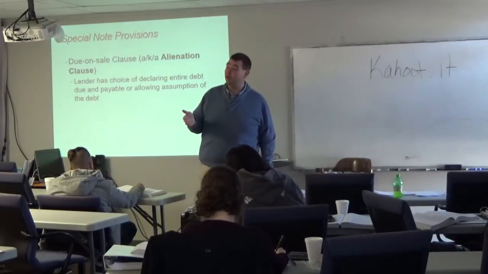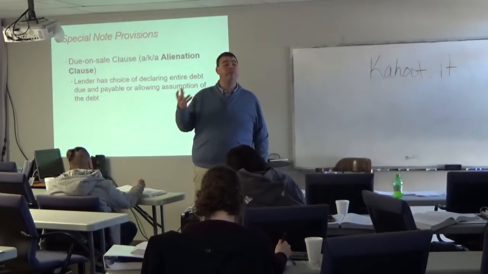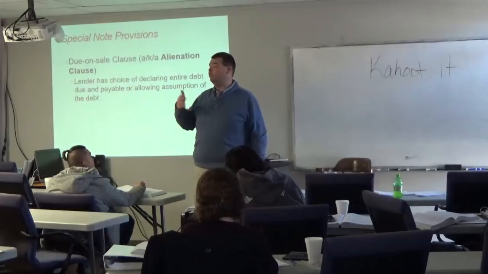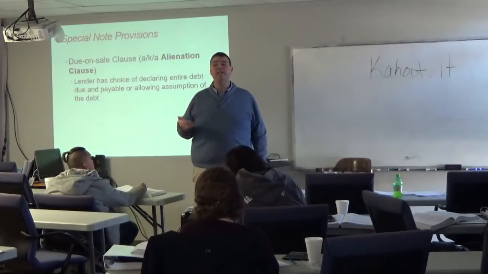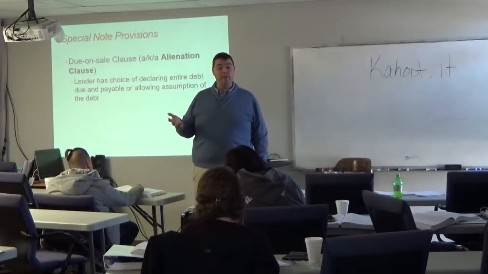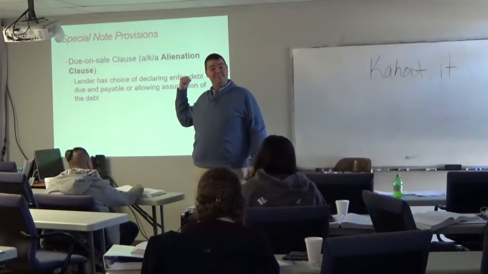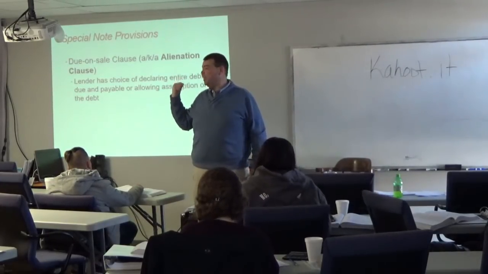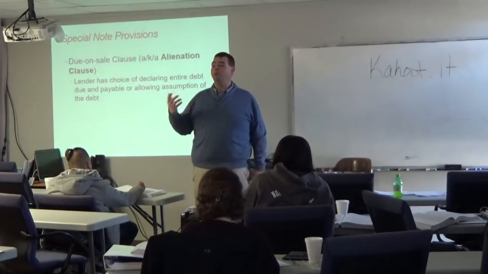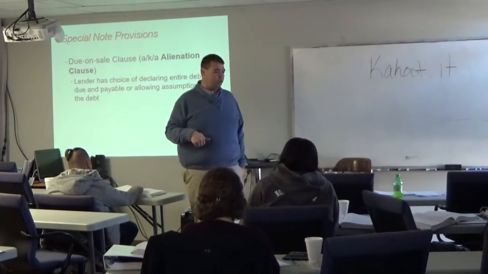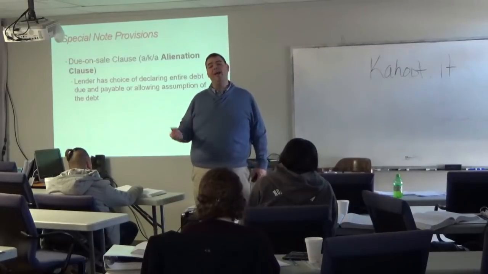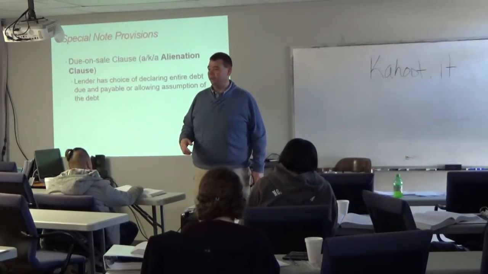Like, for example, when we talk about FHA loans, VA loans, USDA loans, all of the government-backed loans are fully assumable mortgages. What that means is that they don't have what? They don't have alienation clauses in them. Whereas most conventional loans are not assumable, meaning they would have an alienation clause in them.